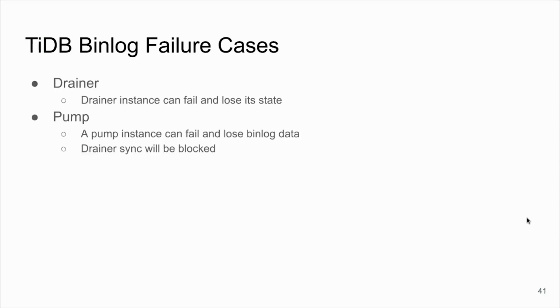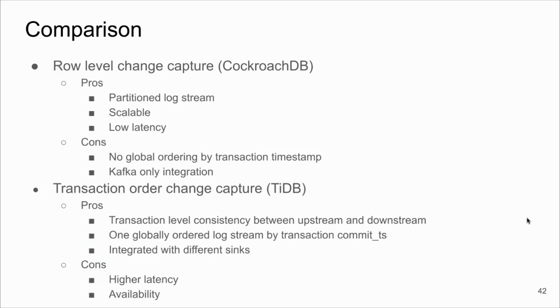If you compare row-level change capture with transaction-order capture, the row level is definitely easier to implement, scalable, and has lower latency. But the problem is that it cannot be used for backup and restore.